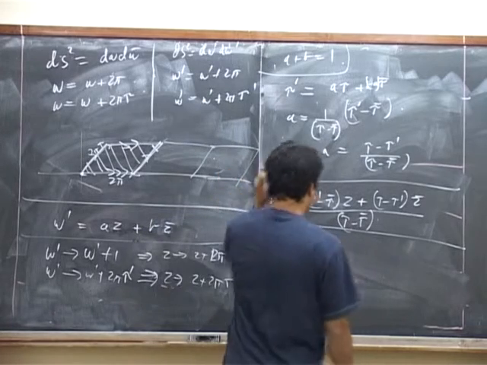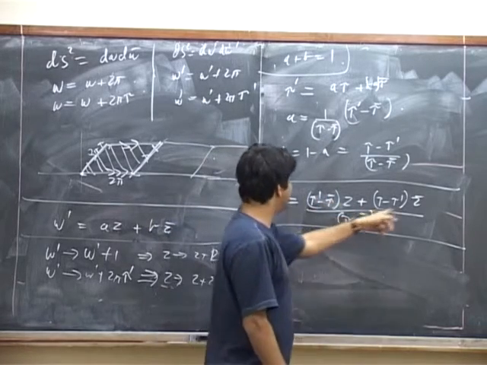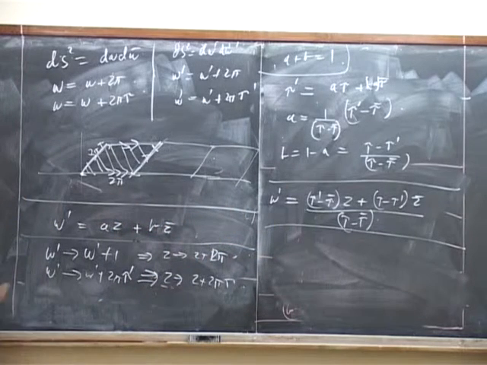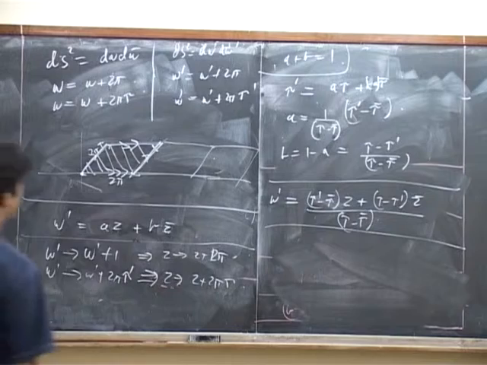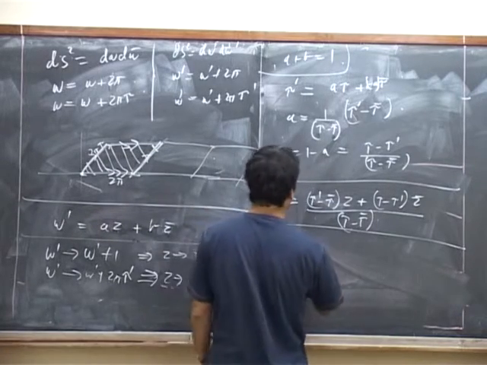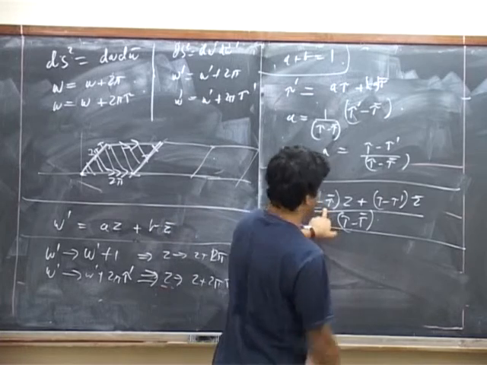What do we get? Well, we get a term that's dz dz bar, but we also get terms that are dz squared and dz bar squared. Let's write down what the dz squared term is. The term that's dz squared comes from taking z here and z the other one.